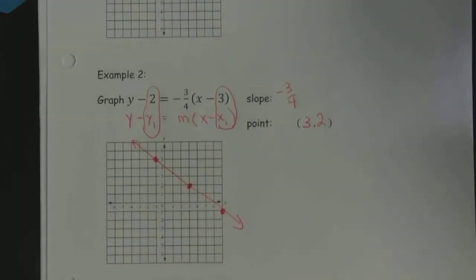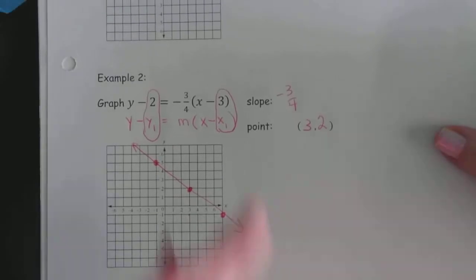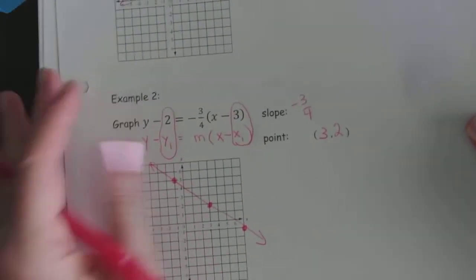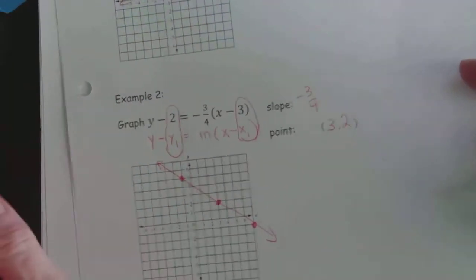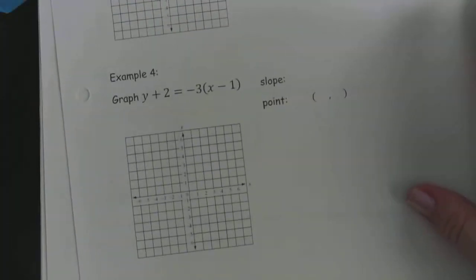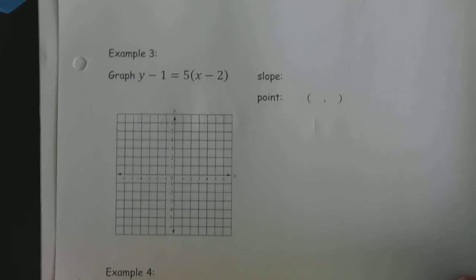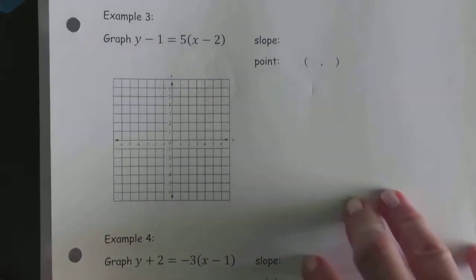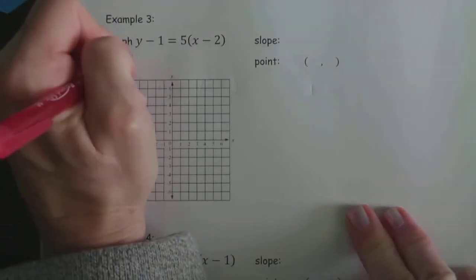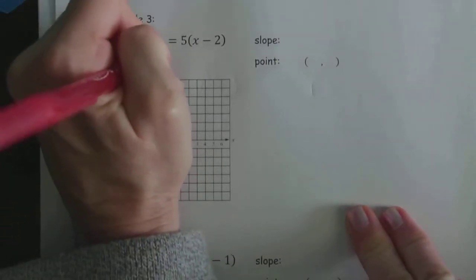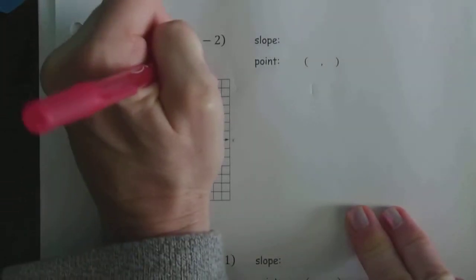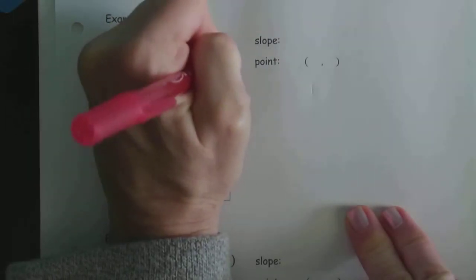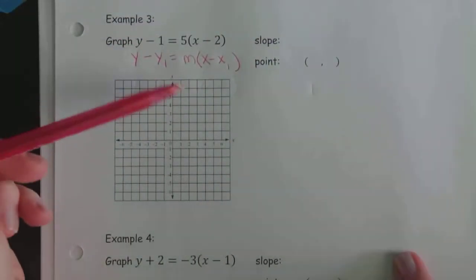Hopefully you're getting the hang of this. I hope so. Let's go to the next one. Again, if you don't have the note sheet, if I'm going too fast, you just pause me and write the example down. Okay, so here's our next one. Number 3. Graph, point slope form, very similar to the others. So we have y minus y1 equals m times x minus x sub 1.